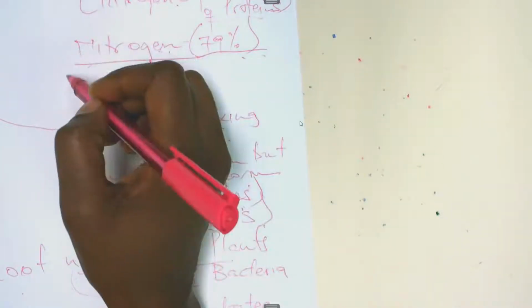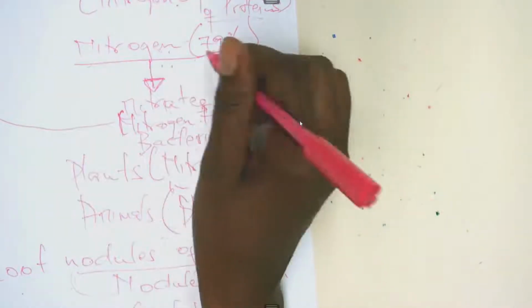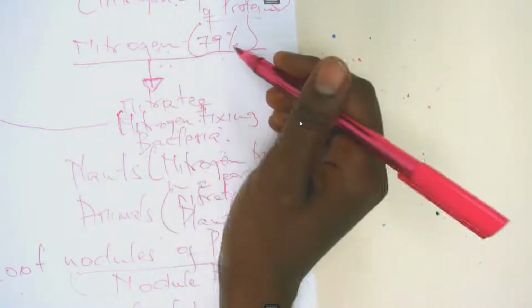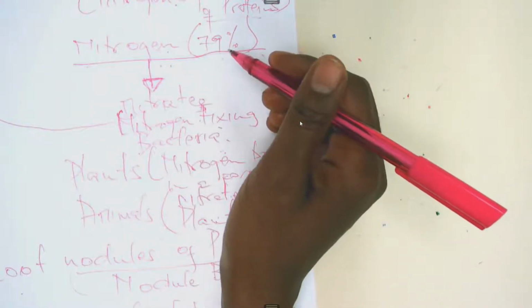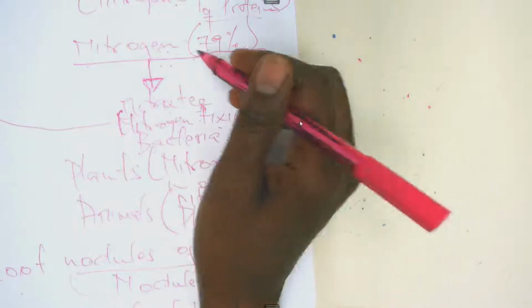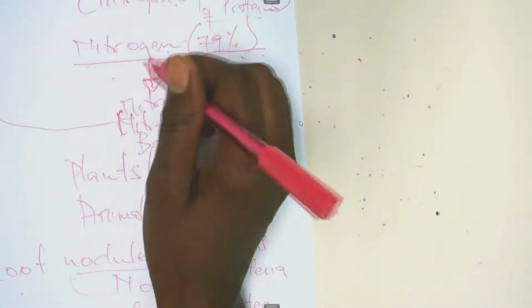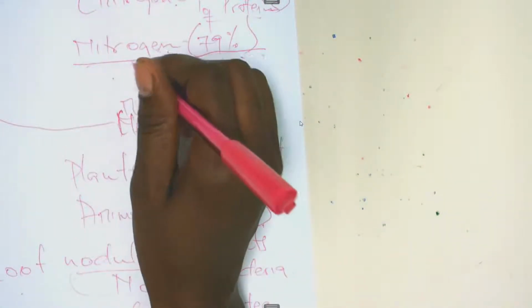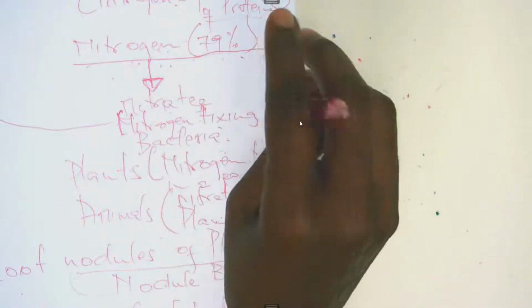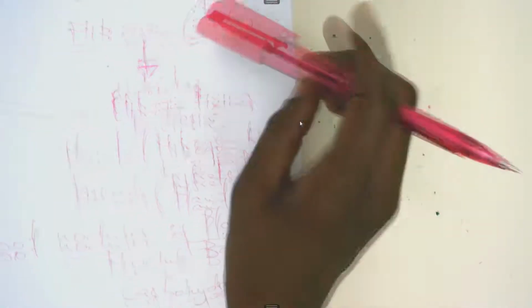And 79% of the air in the atmosphere is nitrogen. But now the problem is that animals and plants cannot absorb nitrogen directly from the atmosphere as is. So it has to be converted into nitrates.